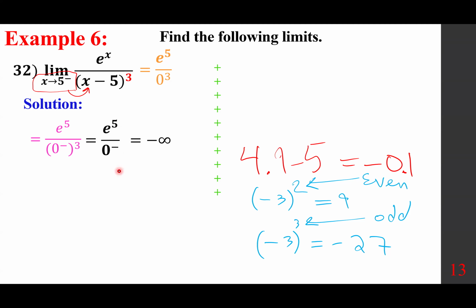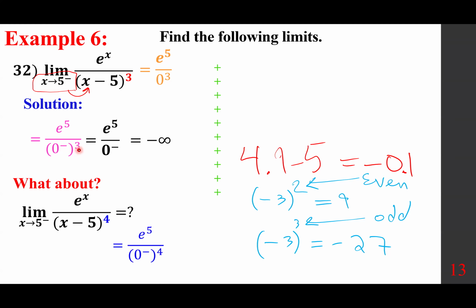Now, to make sure we understand this, I'm going to repeat the same question, but I'm going to change the exponent to something even. It doesn't matter, 4 or 40. So I get to this one, but the exponent instead of 3 is 4. So e to the power of 5 over 0 from the left, to the power of 4. 4 is an even number, so this is 0 from the right as a result.